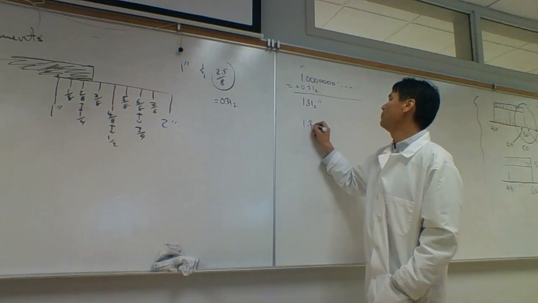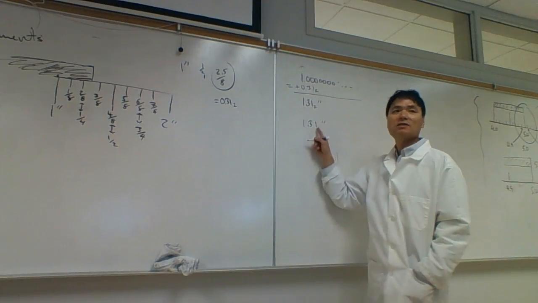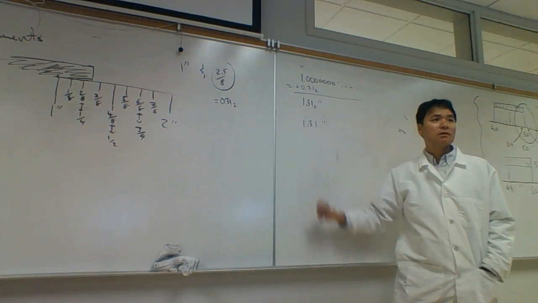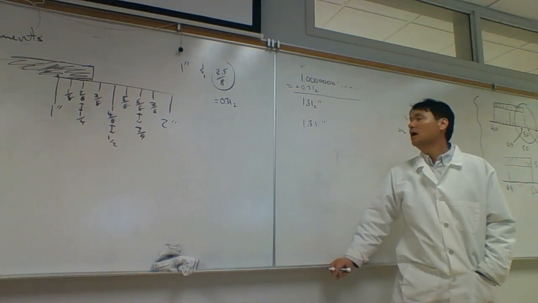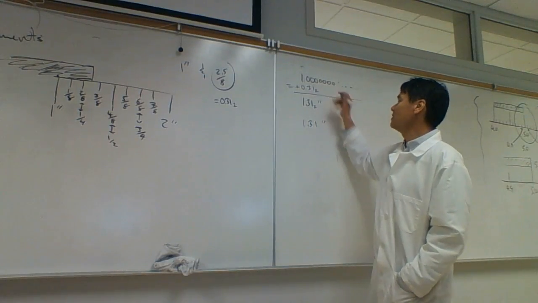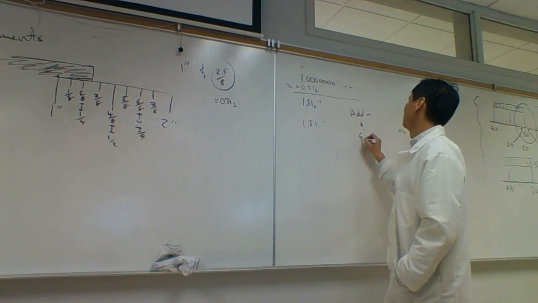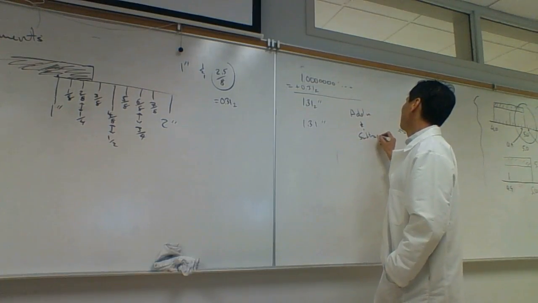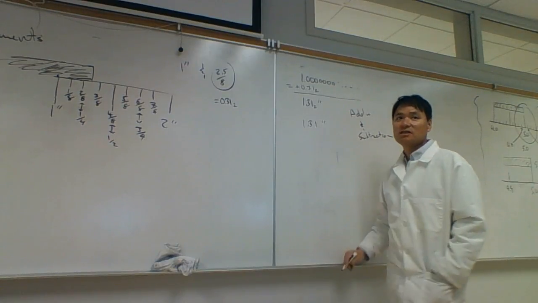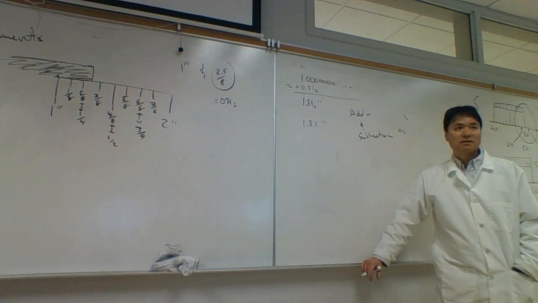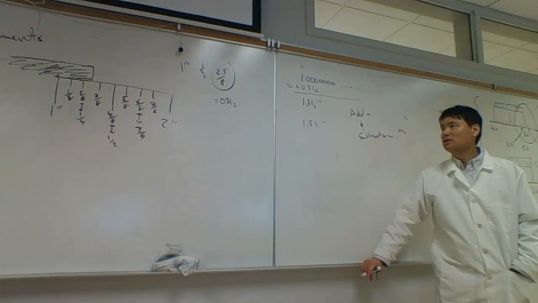And so this is going to be 1.31 inches, where the 1 is the uncertain digit. Does that make sense? Now, when we have addition and subtraction, we do it based on decimal places. And so we could actually end up with more or less sig figs than in multiplication and division.